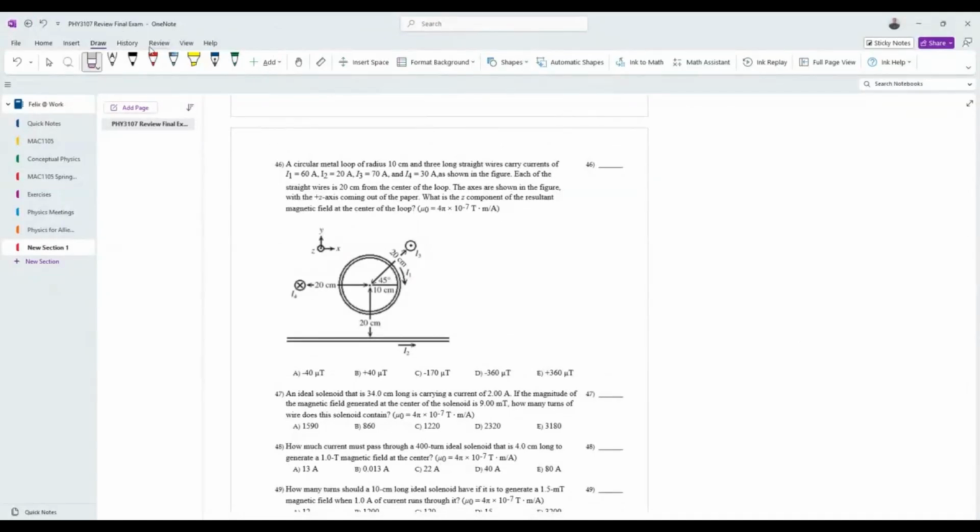What they say in this exercise number 46: a circular metal loop of radius 10 centimeters and 3 long straight wires carry currents. I sub 1 is the current in the loop. Look at this.